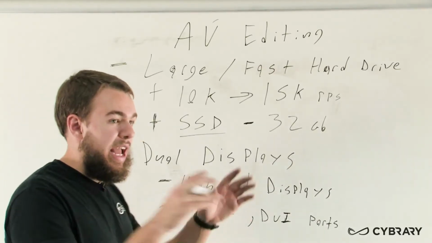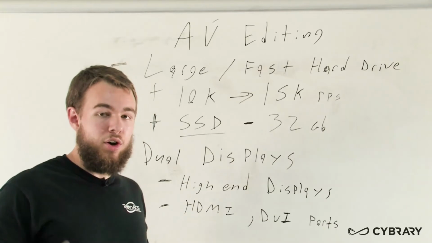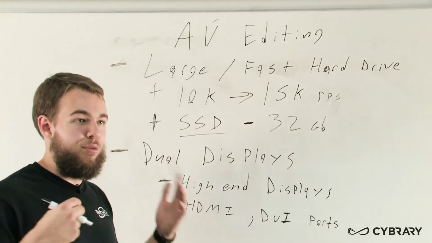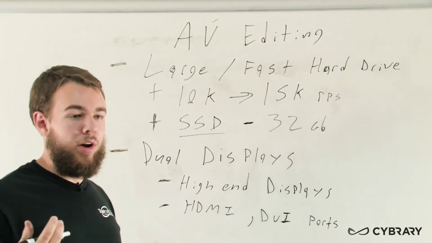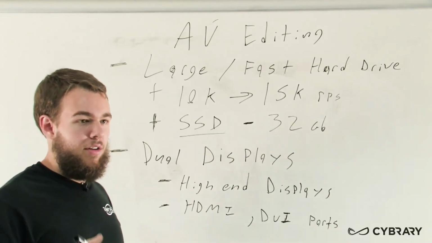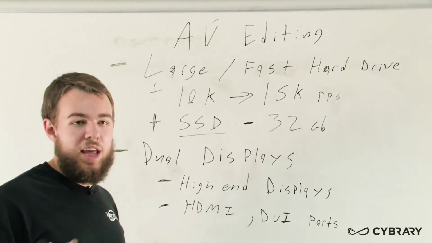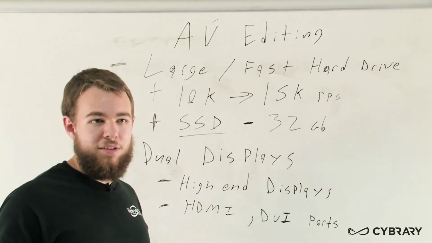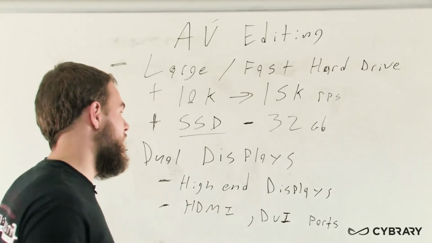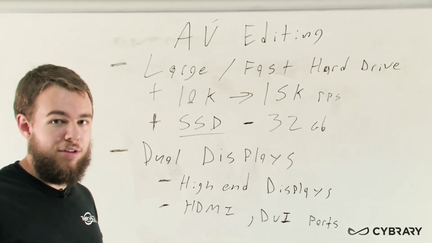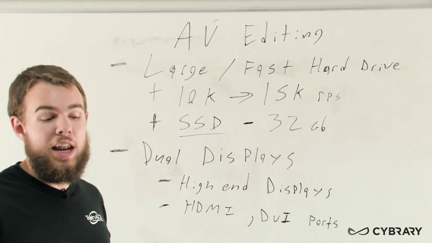And when you get to display areas that are too large, you're really reducing productivity because you're spending more time looking around your displays to find information than you really are working on that information. So keep your displays large, give yourself a lot of space to work with, but don't give too much space where you're spending all your time looking for your mouse cursor and not enough time actually editing the audio and video.